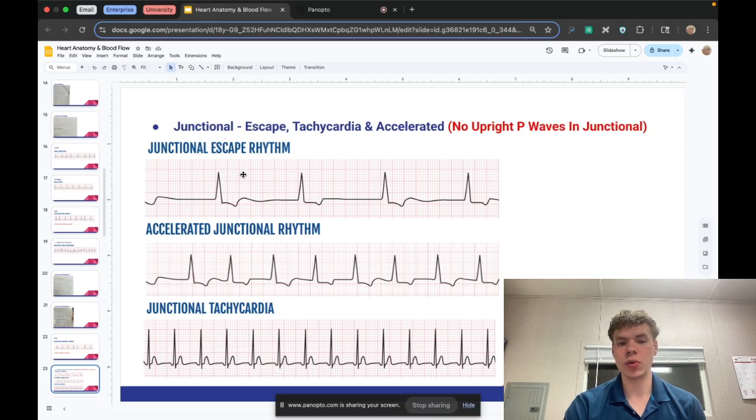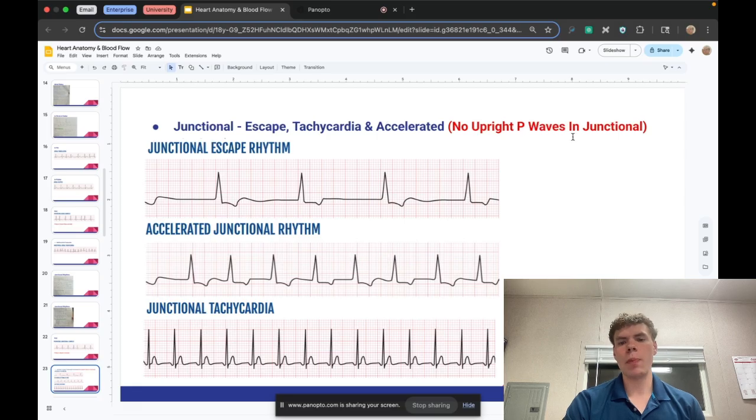So 1, 2, 3, 4, 5, 6, 7. 300 divided by 7 is about 43. So 43 beats per minute here, which is low. This is a junctional escape rhythm.